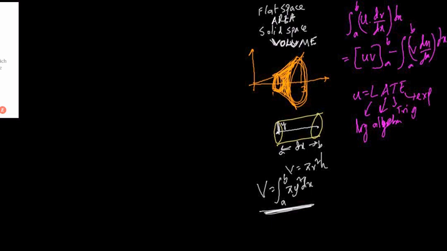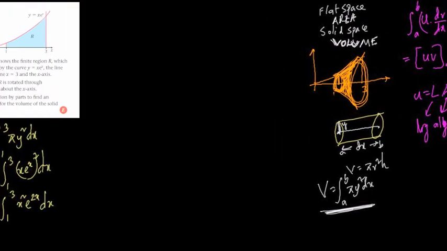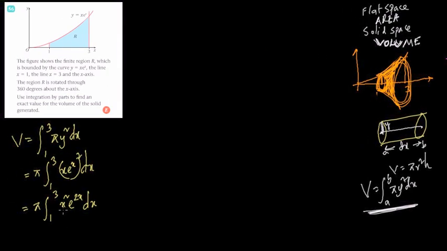So in our sum, if you take a look at that, LATE, so exponential is at the end, E, and A is algebra, so u has to be this. So let's start the sum.